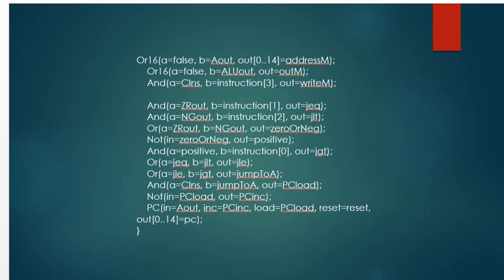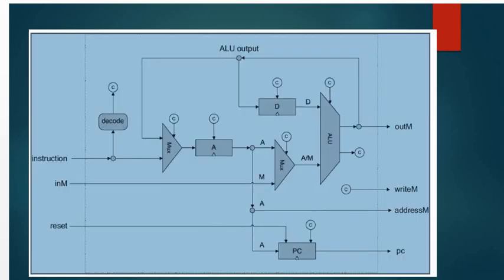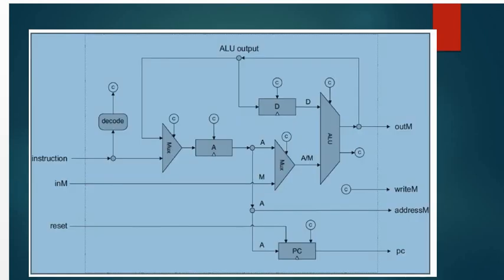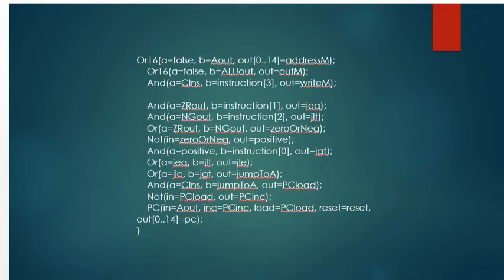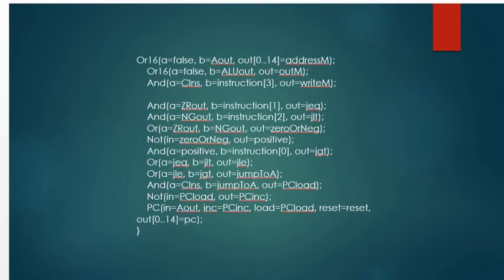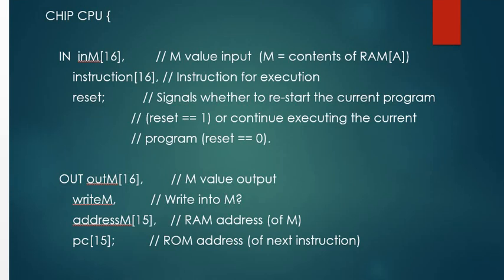The PC program counter is registered with the source address of the instructions to be fetched. The load bit of the PC is then decided by the jump bits and the ALU output in this section of the CPU. The HDL lines of code basically check the ALU output to see if the conditions are met and calculate the jump conditions.